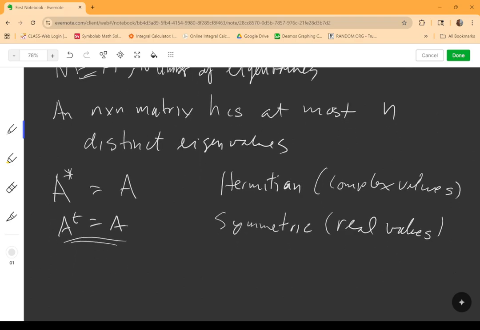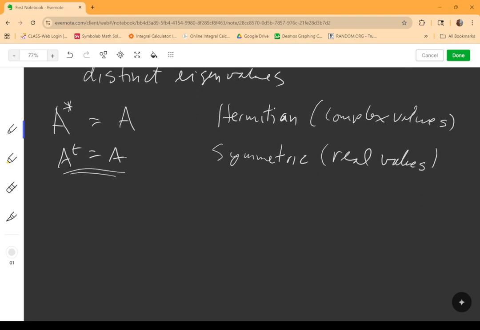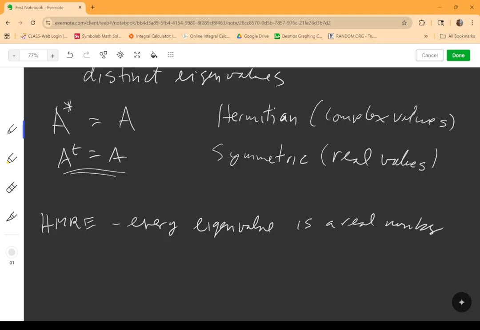As it turns out, there are a couple of nice properties that these Hermitian matrices have. For one, what theorem HMRE tells me is that every eigenvalue is a real number.